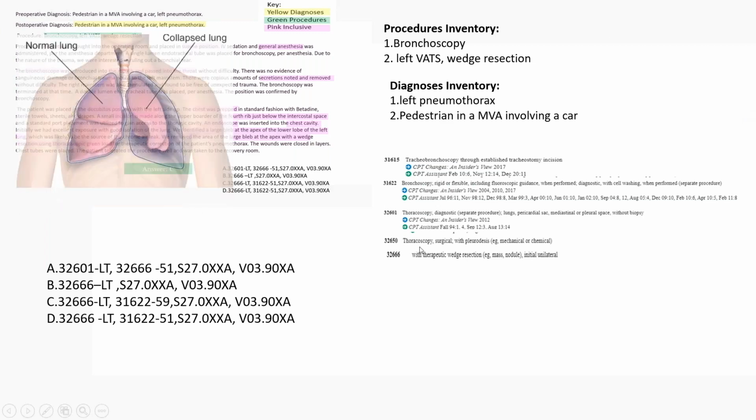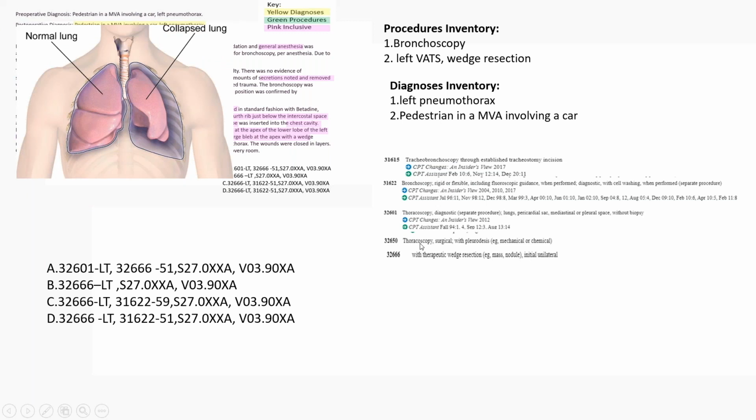Now let me show you what a pneumothorax is all about. A pneumothorax is a collapsed lung, as you can see in the image on the left hand side. A pneumothorax occurs when air leaks into the space between your lungs and the chest wall, and this air pushes on the outside of your lung, making it collapse.